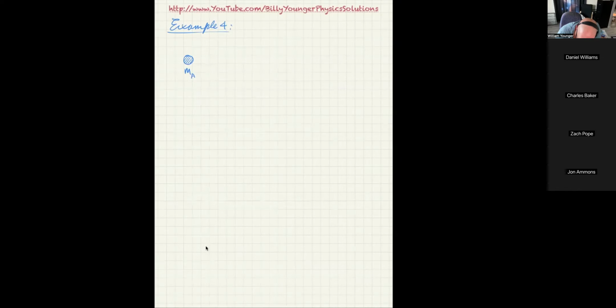So this one's going to be mass A, and it's going to be moving with a velocity VA towards this other one that's sitting still. This one's going to be mass B, but VB is equal to 0.